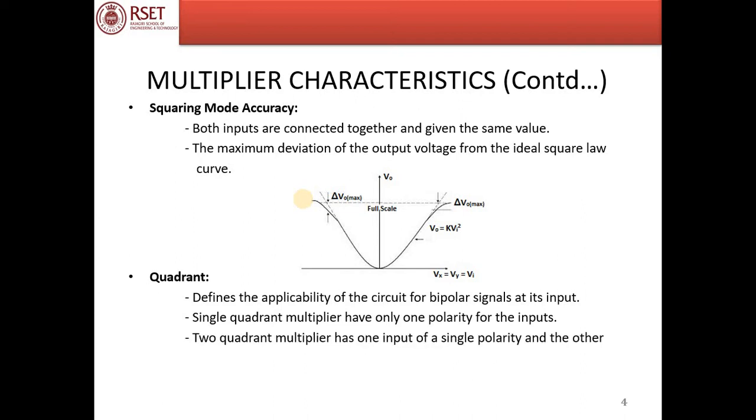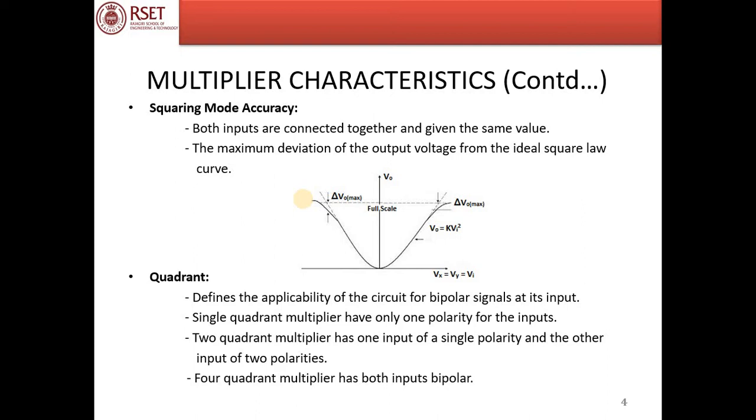If the multiplier is a two quadrant multiplier, then one input should have only a single polarity, that is either positive or negative, and the other input can have both the polarities, that is it can be positive or negative. In the case of a four quadrant multiplier, both the inputs can take any values positive or negative.